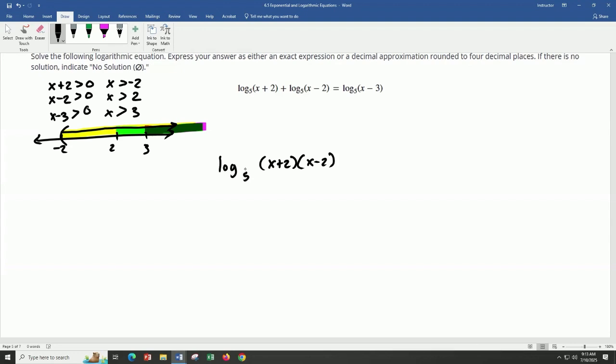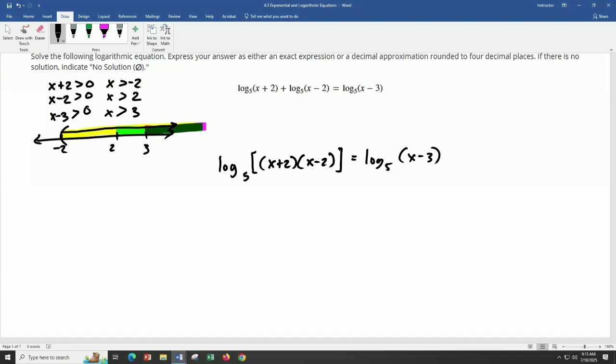Don't forget your log base 5. Is all equal to log base 5 of x minus 3. Are you good with that? Okay.